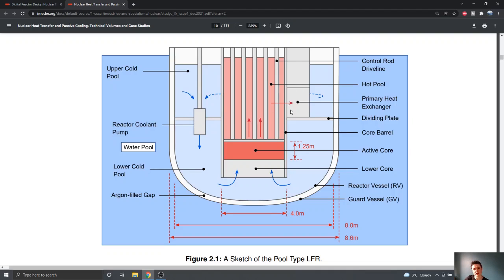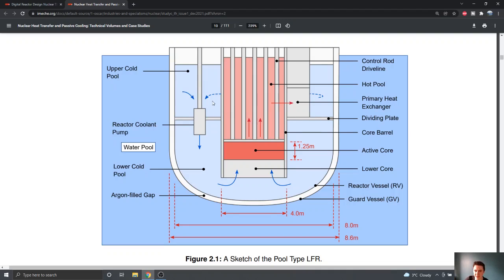And the other thing that's going to happen is this primary heat exchanger, which is transporting heat away from the reactor. There'll be another secondary circuit which drives a secondary coolant around to transport that heat away from the primary heat exchanger. And that fluid will no longer be pumped around the circuit because its pump will also have shut down if there's a loss of power.